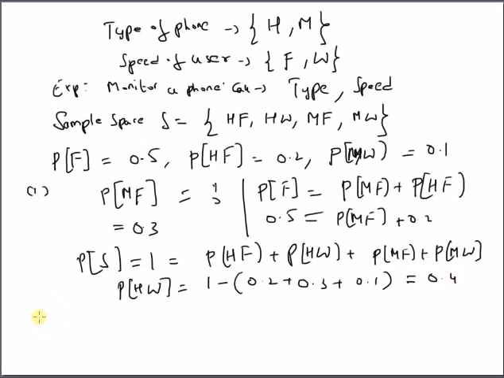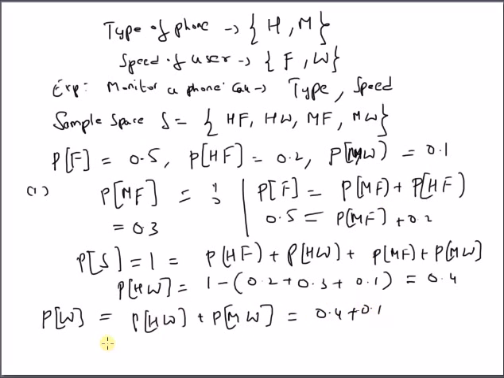Now we want to find the probability of the event W, that is the user is slow, which is basically equal to the sum of the probabilities of HW and MW. We know that probability of HW is equal to 0.4 and MW is given by 0.1. So probability of a slow user is equal to 0.5.